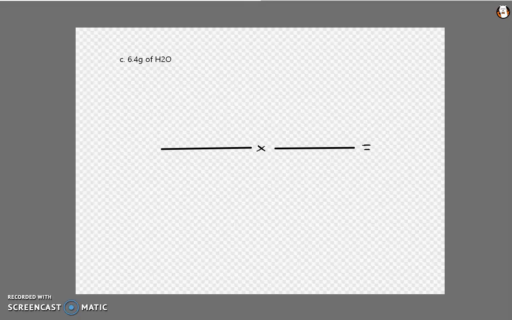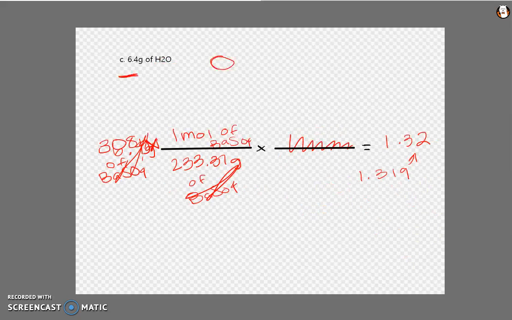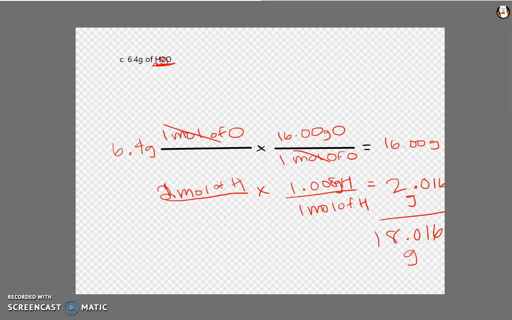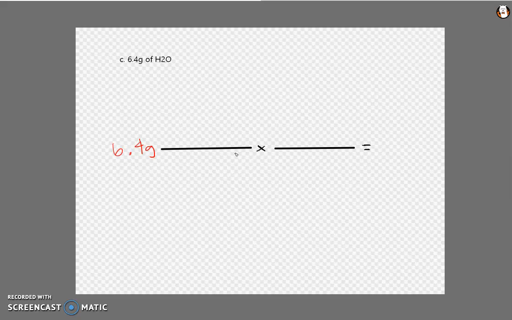Okay, so now you're going to take this molar mass, and this molar mass is in grams, by the way, and you're going to go back to this, and because they also want this in moles, you're going to do 6.4 grams, and then 18.016 grams over 1 mole of H2O. This is all H2O.